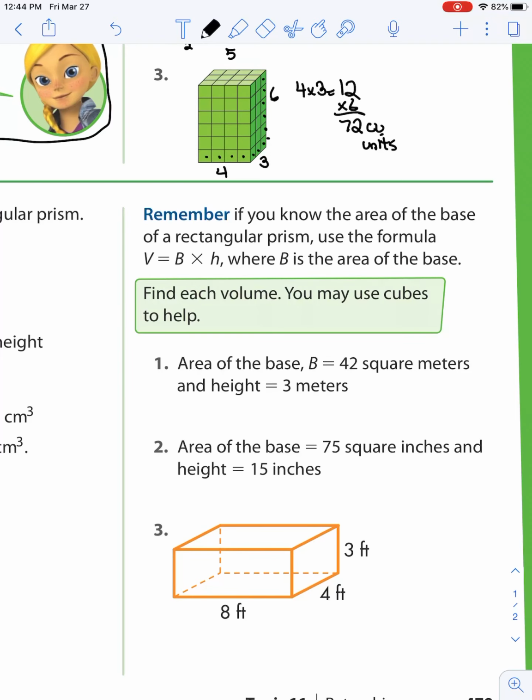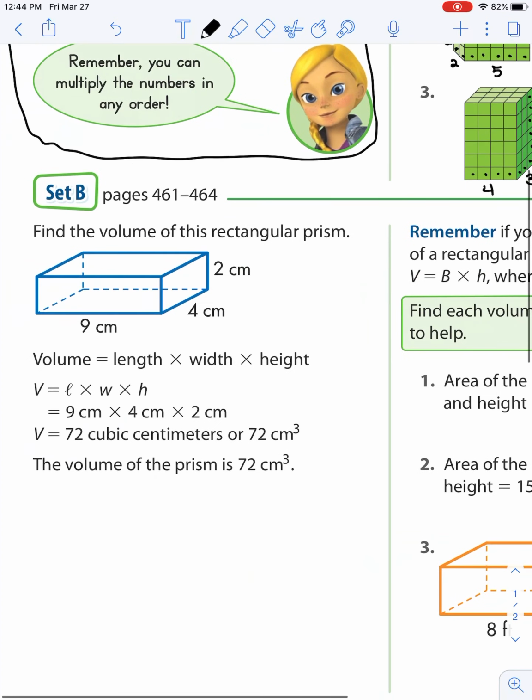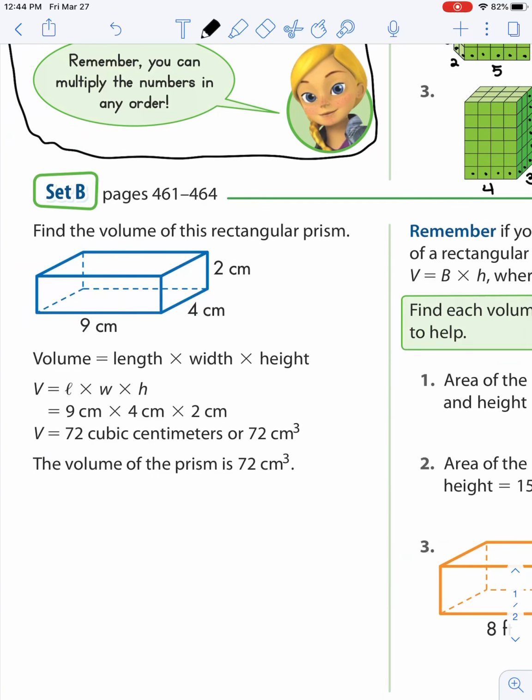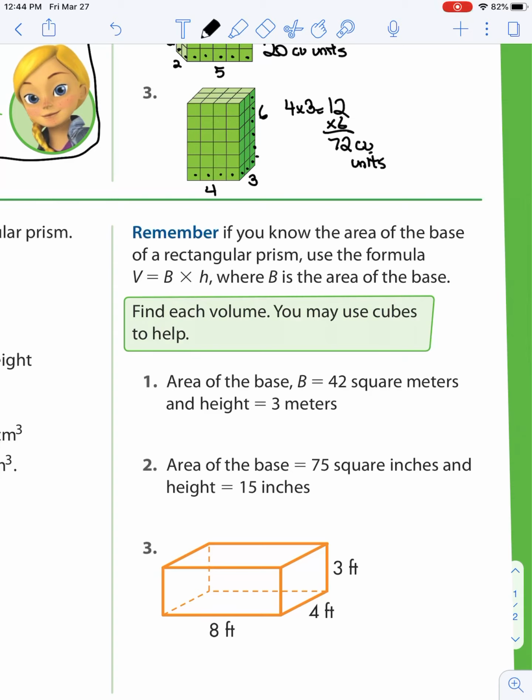In set B, they talk about the formula, which is basically what we've been doing. There are 2 different formulas. There is a formula where you have the base. I'm going to write that over here. Volume equals the base times the height.